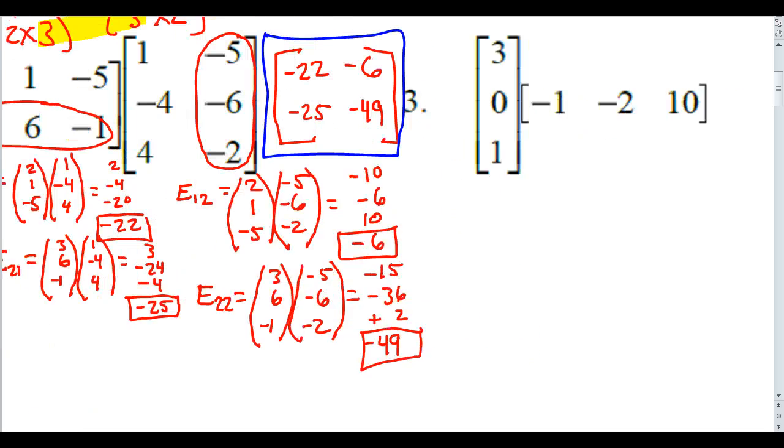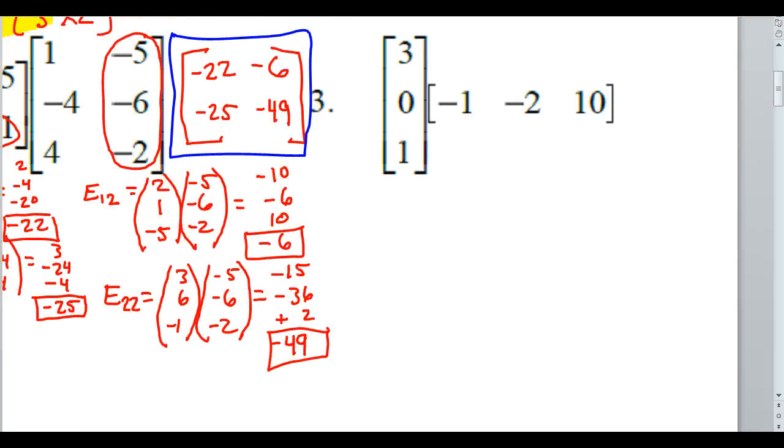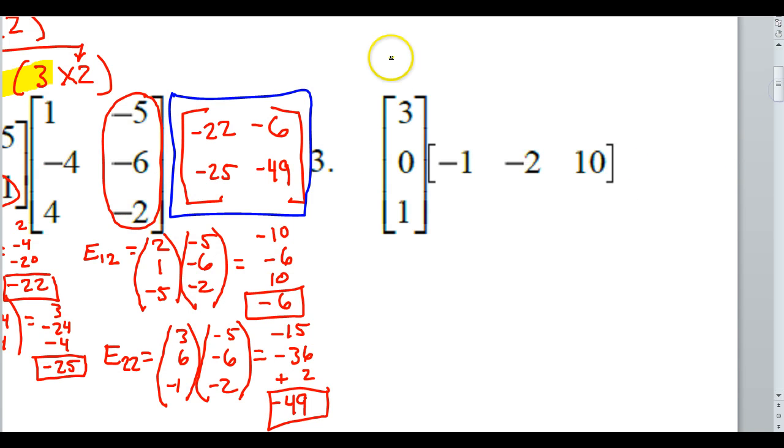Let's look at number 3 and see if this is even doable. First let's look at the number of rows and columns. The dimensions for this first matrix are 3 by 1, 3 rows, 1 column.